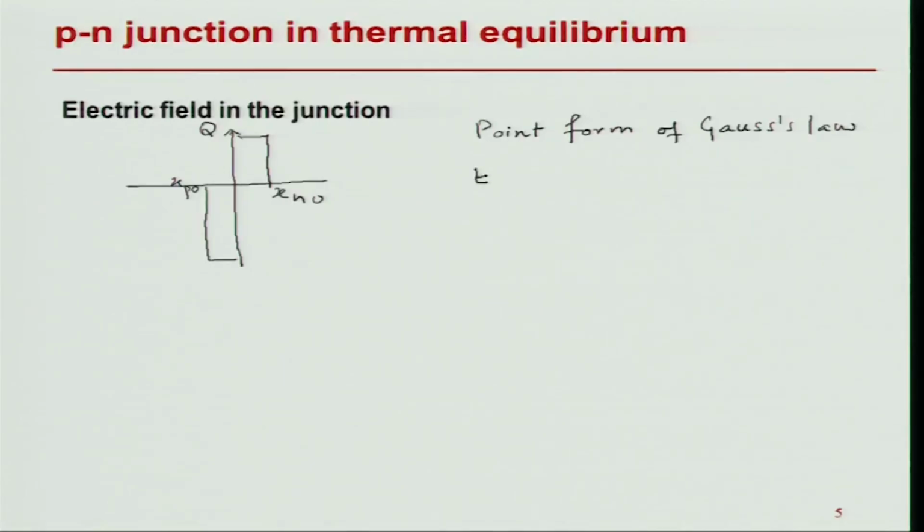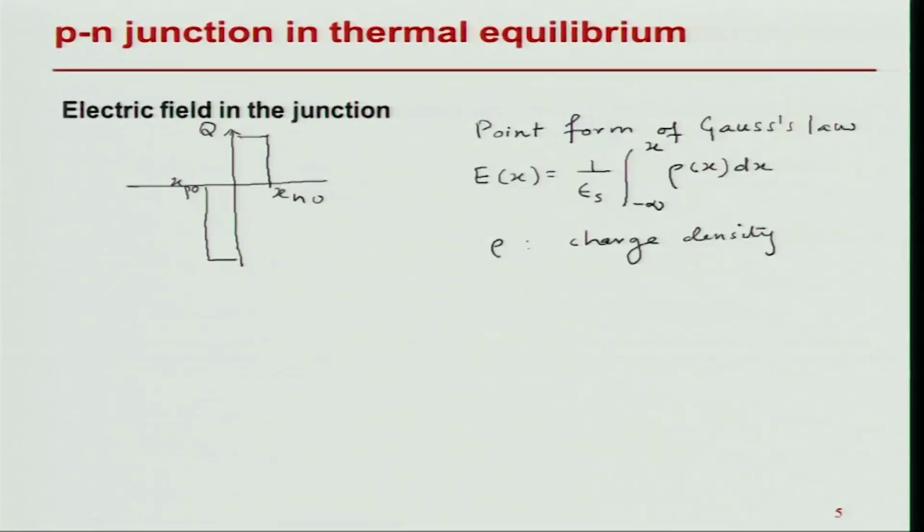Point form of Gauss's law basically says the field at any point x can be represented by 1 by epsilon_s, which is the dielectric constant of the semiconductor, times the integral from negative infinity to that point of the charge density times dx. The integration of this will give me the field at any point, and rho here is the charge density, given in units of charge per unit volume.